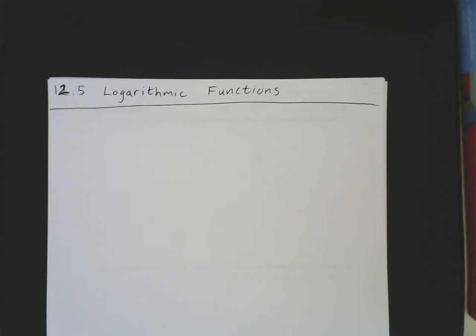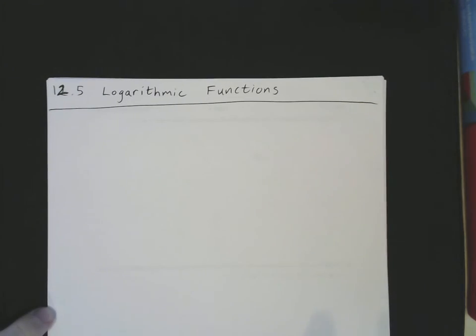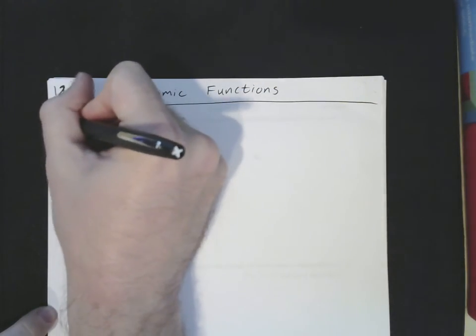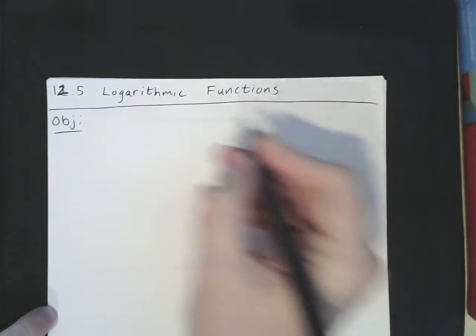As I said, this is going to be similar to 12.3 where we studied exponential functions. And then in the next section in 12.6, we'll be looking at the link between logarithms and exponentials in a much more in-depth environment. So we have three things to talk about here.